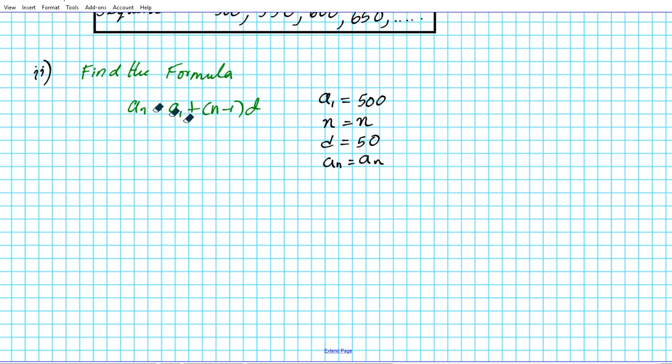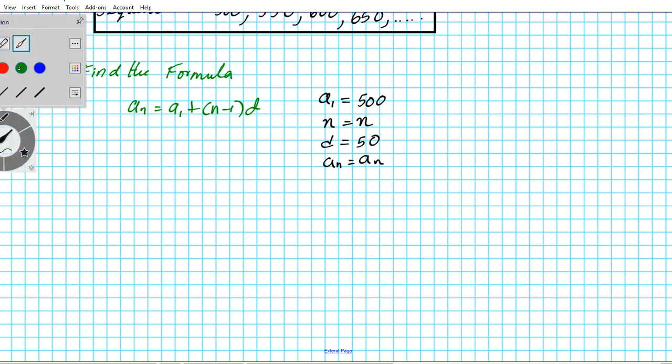Alright, so we're going to plug all this into the arithmetic sequence formula, which is an equals a1 plus n minus 1 times the common difference. Alrighty? So the common difference, which is 50, we're going to plug it in right here. N, which is just n, we plug in right here.